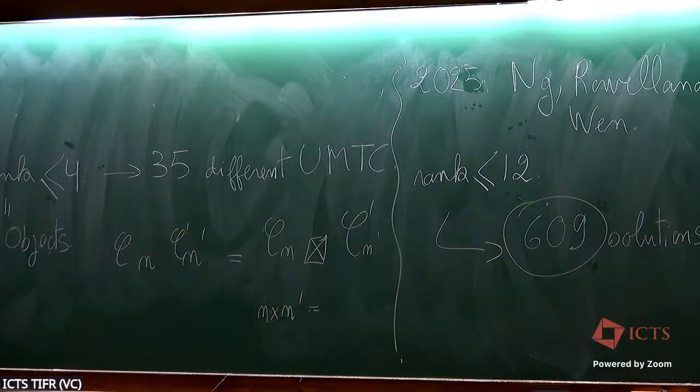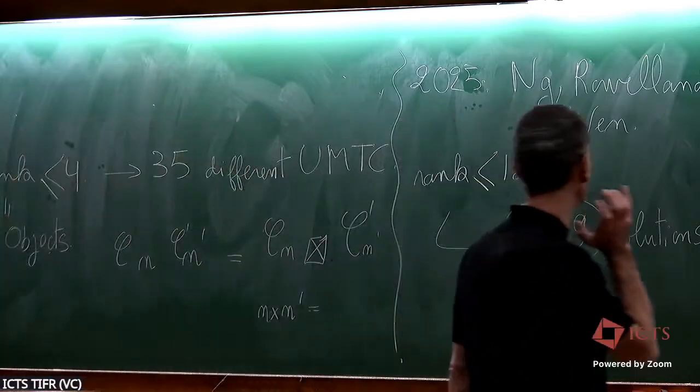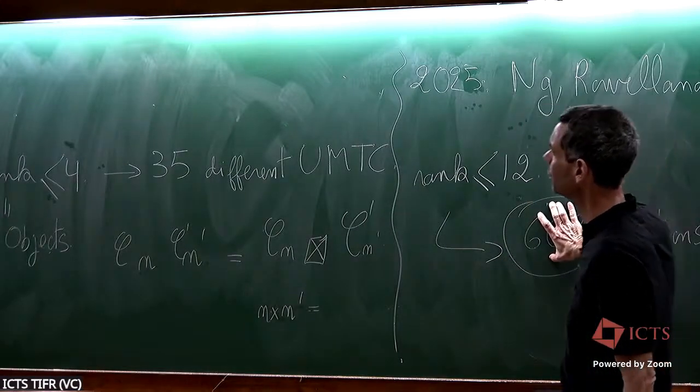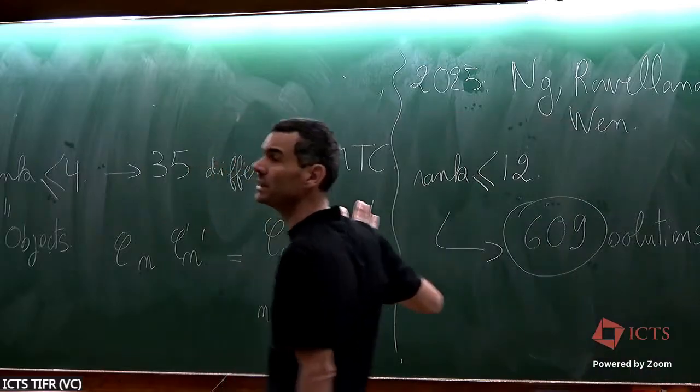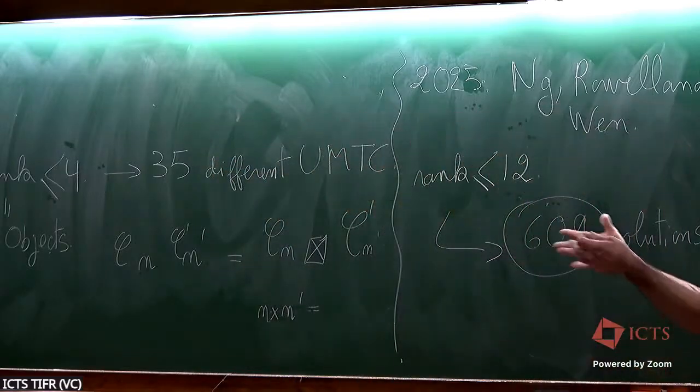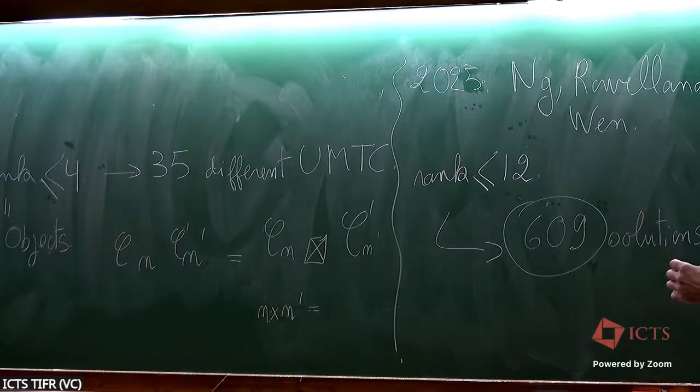Okay, and finally, that's the current state of the art. Again, we don't know whether these 609 sets of modular data give rise to only 609 UMTCs. Some of them may give rise to other solutions, and that's still something which has to be investigated.